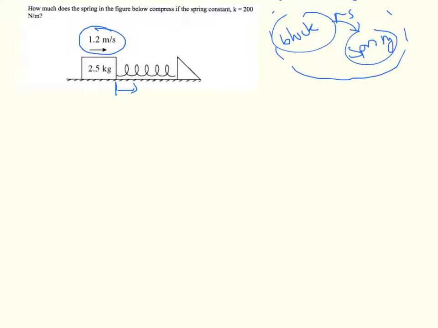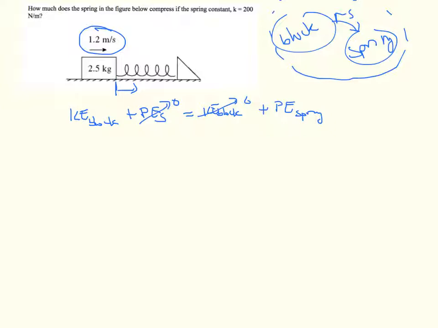I start out with some kinetic energy from the block, and no potential energy from the spring because it's completely uncompressed at this point. Then the kinetic energy of the block goes to 0 because the block comes to rest, and I'm going to have all potential energy stored in the spring at the end of the compression.